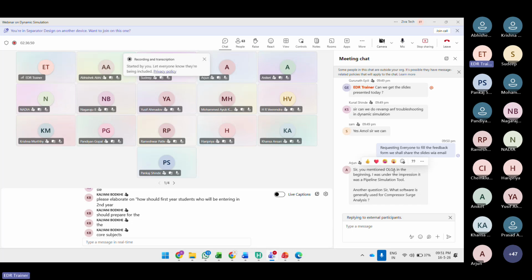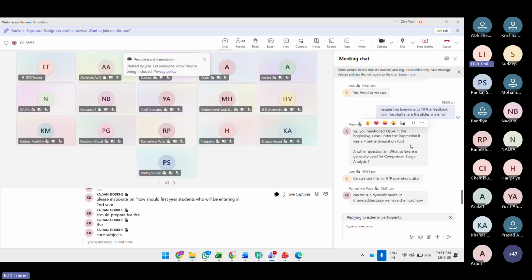You mentioned Olga in the beginning. I was under the impression it was a pipeline simulation tool. Yes, correct. Actually, Olga has two flow assurance studies: one done by Olga, and another, the dynamic simulation, Olga dynamic.